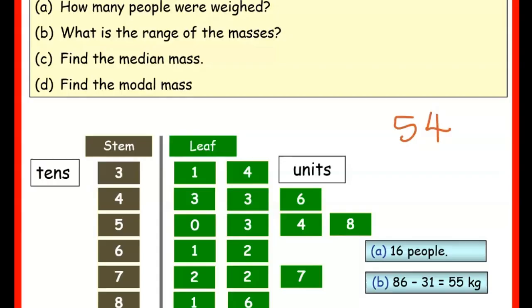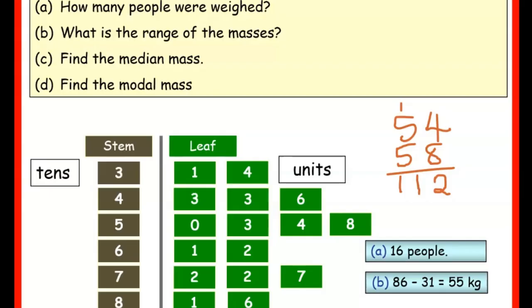So if we put it together, we're going to add them up and divide by 2. 4 plus 8 gives us 12, so we carry 1 to the side. 4 plus 8 gives 12.